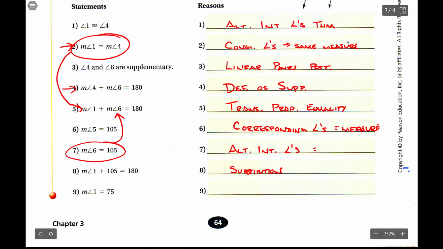We substituted that value into step 5. And then finally we have the measure of angle 1 is equal to 75. We've subtracted 105 from both sides in this case. That is from the subtraction property of equality. And that tells us that angle 1 is 75 degrees.